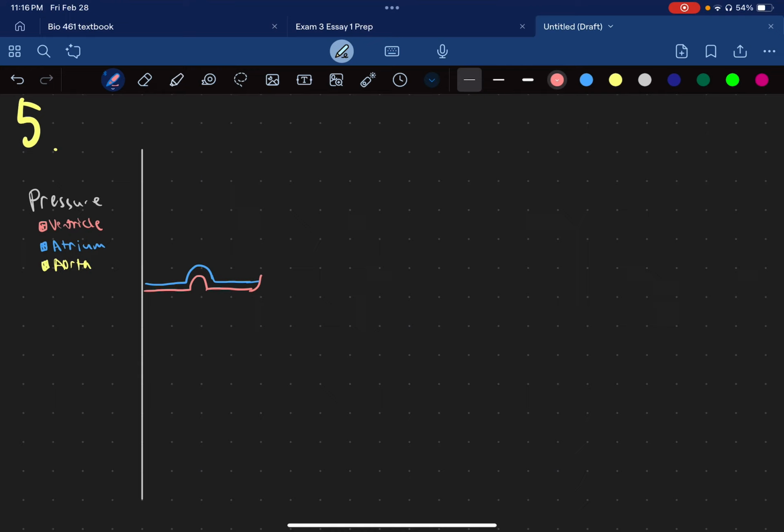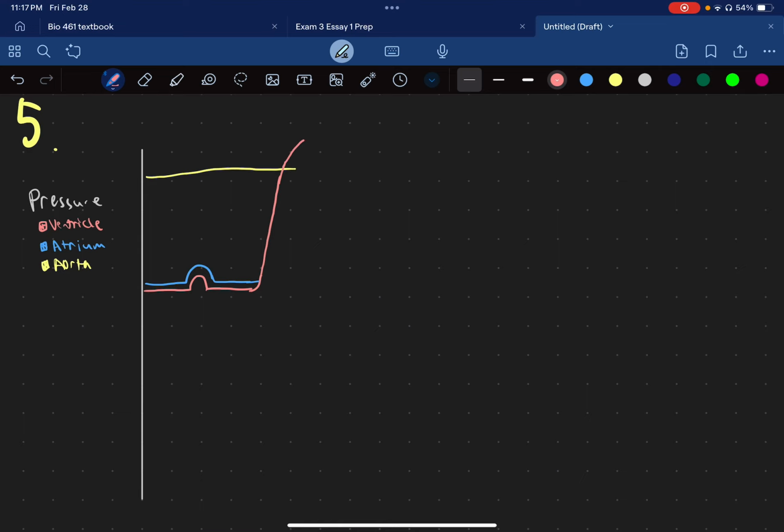That is going to cause the bicuspid valve to close and an increase in pressure in the ventricle. This is where the heart is contracting, and up here we have the pressure of the aorta. Once the pressure of the ventricle gets higher than the pressure of the aorta, that's going to cause the opening of the semilunar valve.